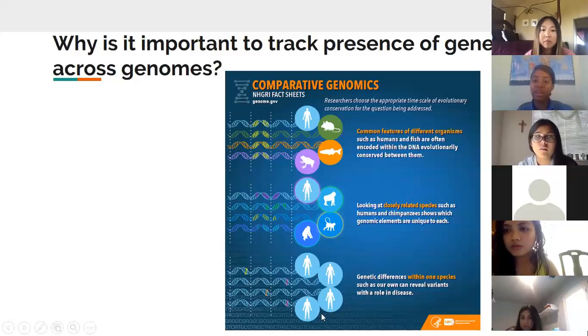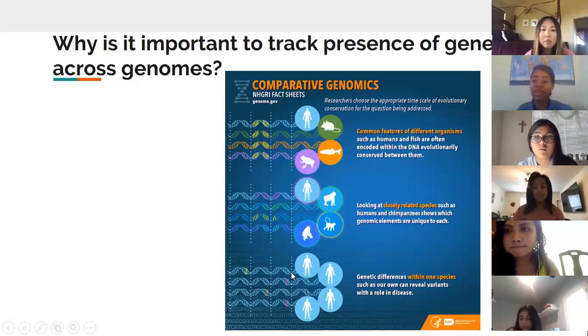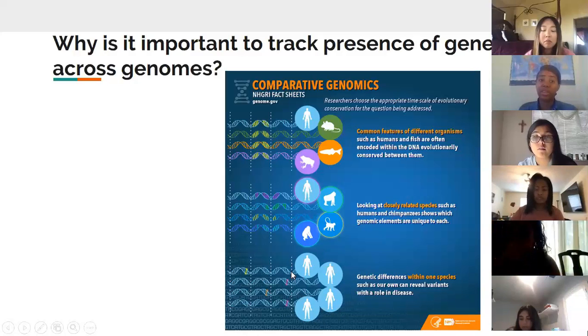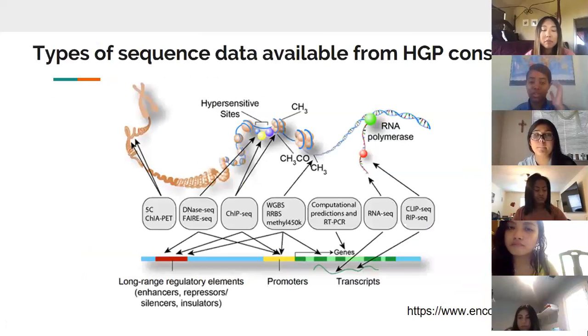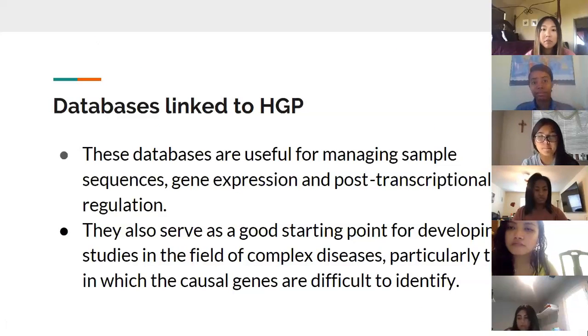Genetic differences from human to human. And this is part of my huge interest in ARDS, because it's interesting that there are variants that predispose people to getting ARDS, and not only getting it, but then getting really sick with ARDS. So it's important to track these because of each of those contexts.